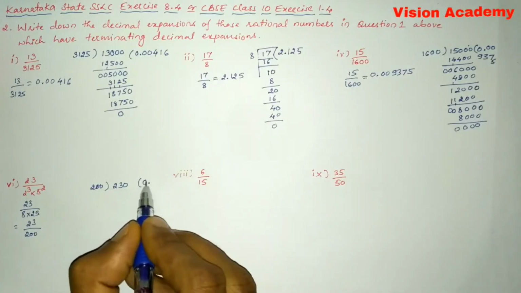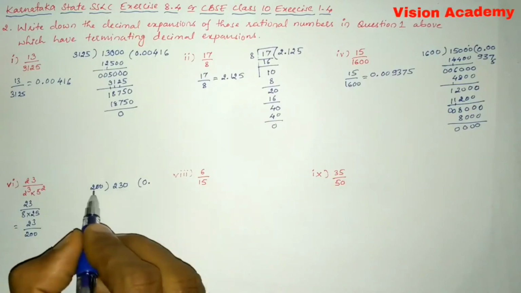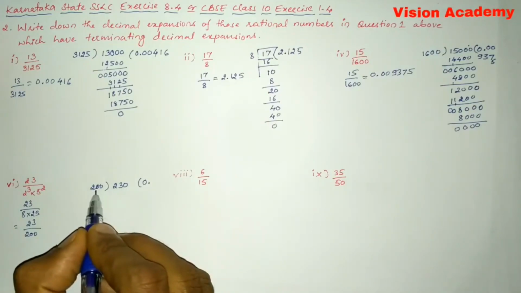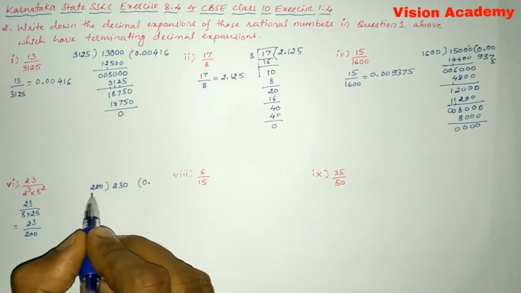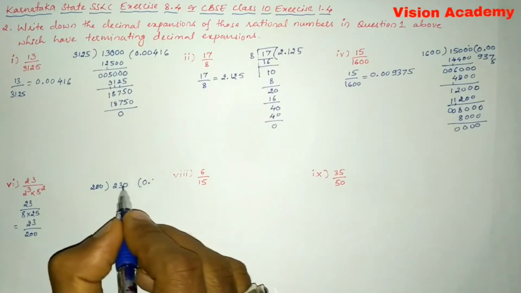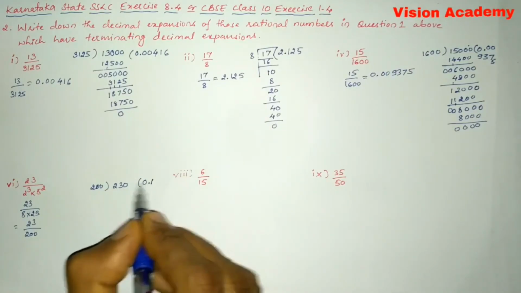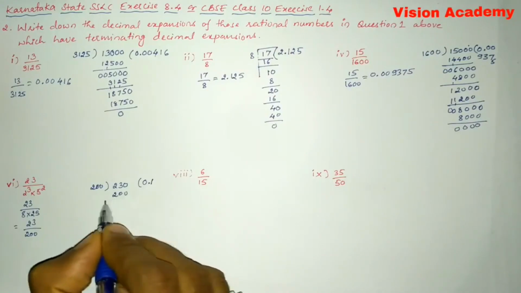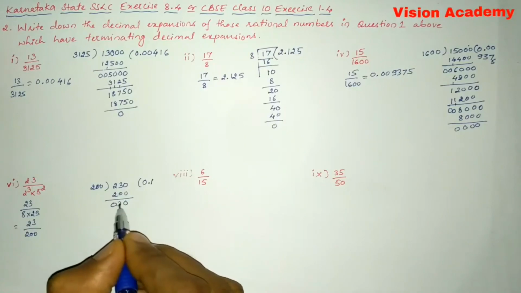So that's the reason we have to take 0 point, then here 1 0 will be added. Now 230 is greater than 200. Now we can easily divide this 230 by 200. So 200 how much the 230 or less than that. So here 200 ones are 200. So here 3 minus 0 is 3, 2 minus 2 is 0.